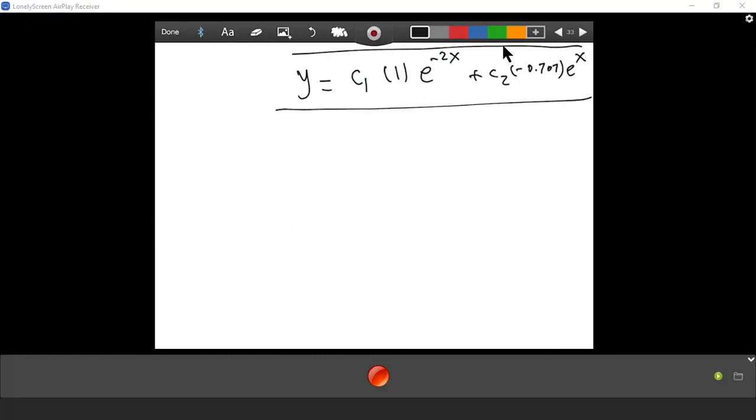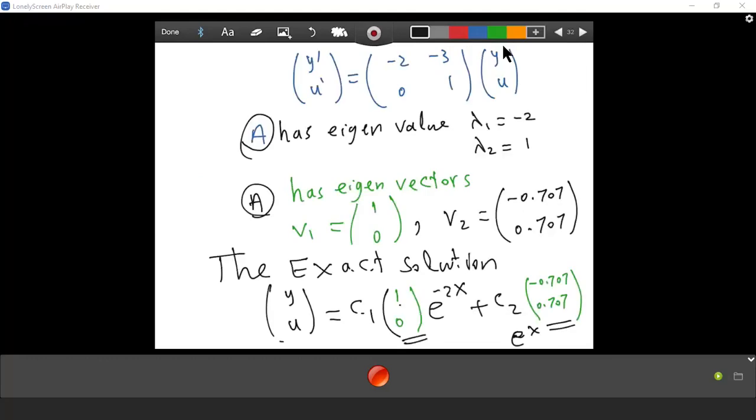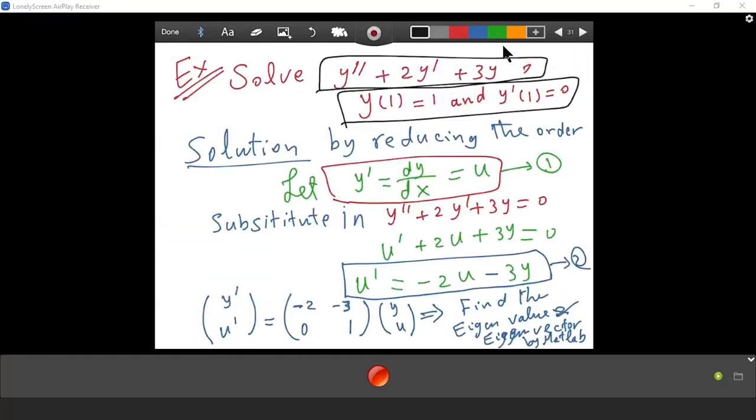Now I have the initial values. What are the initial values here? The initial value y at 0 equal to 1, or rather y at 1 equal to 1.